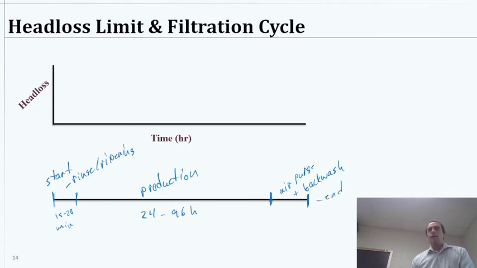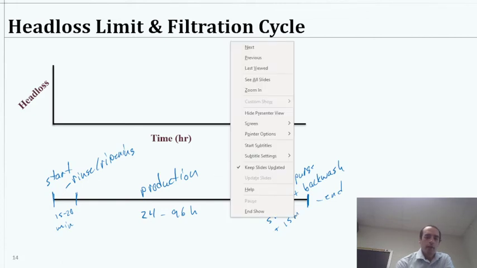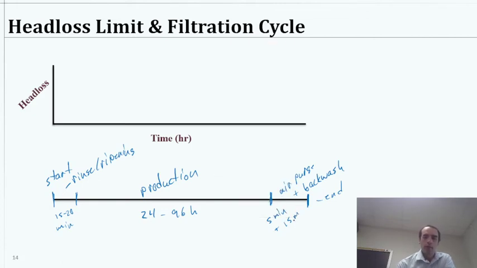And then that's the end of the cycle, and we would then start again, right? So this air purge, maybe that's 5 minutes. I don't know if it's always about 15 minutes, but we always backwash with water, which would be about something like 15-20 minutes.